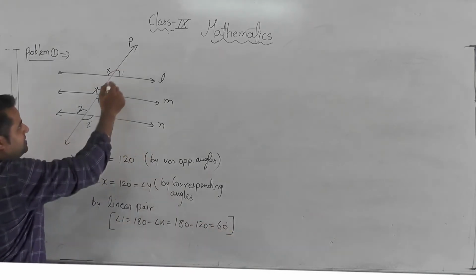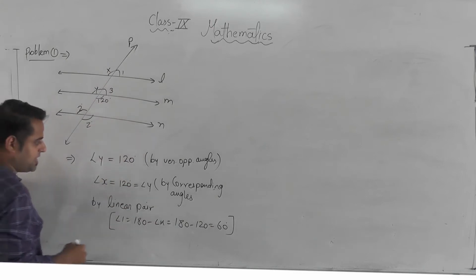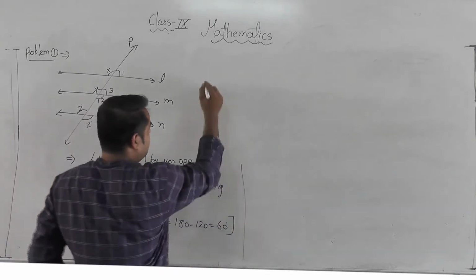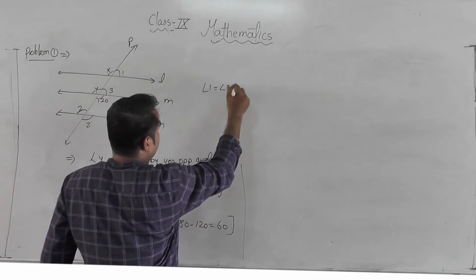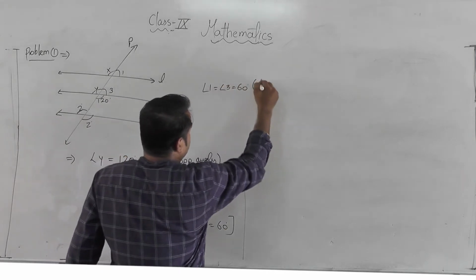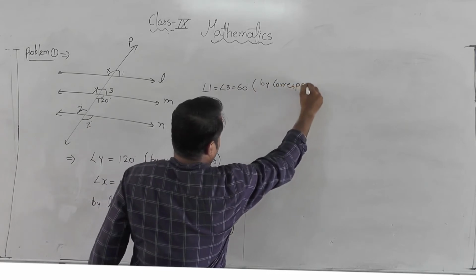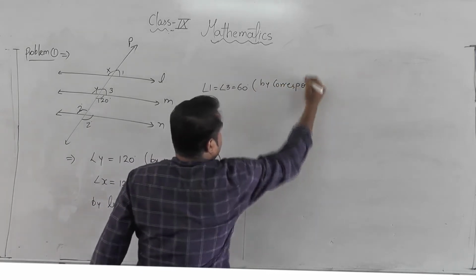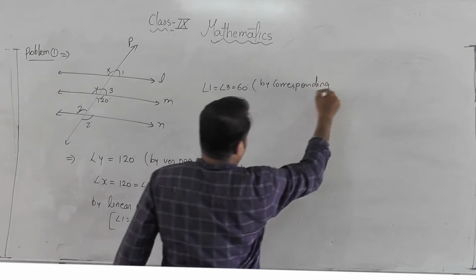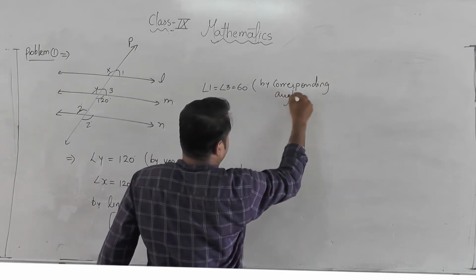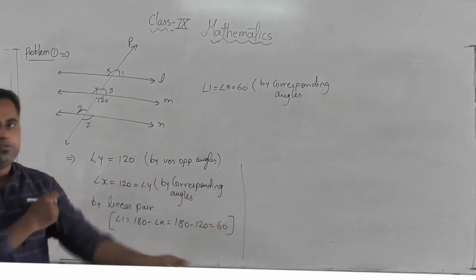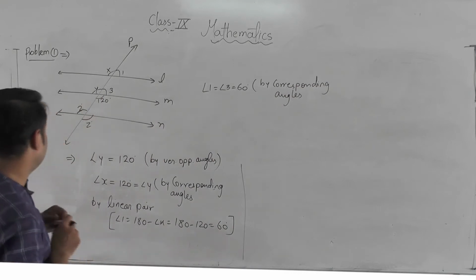Now angle 1 and 3 are again corresponding angles, so angle 1 equals angle 3 equals 60 degrees by the corresponding angle property. You can apply different properties also, so there is no problem with that.